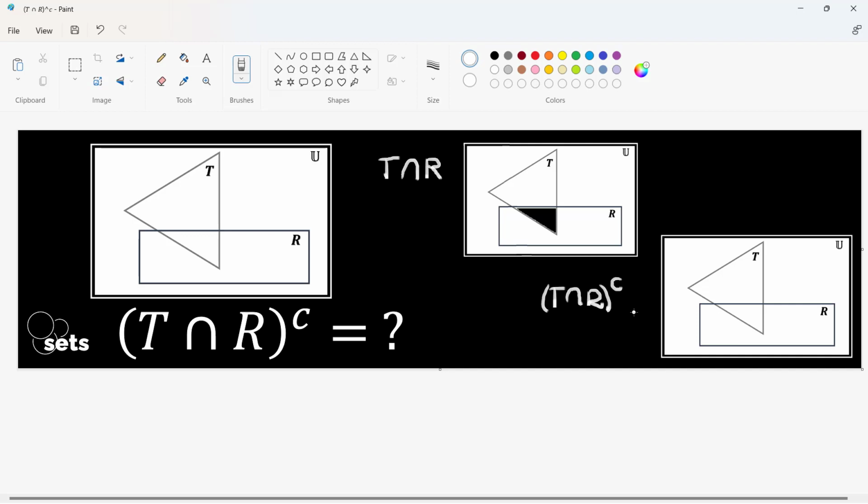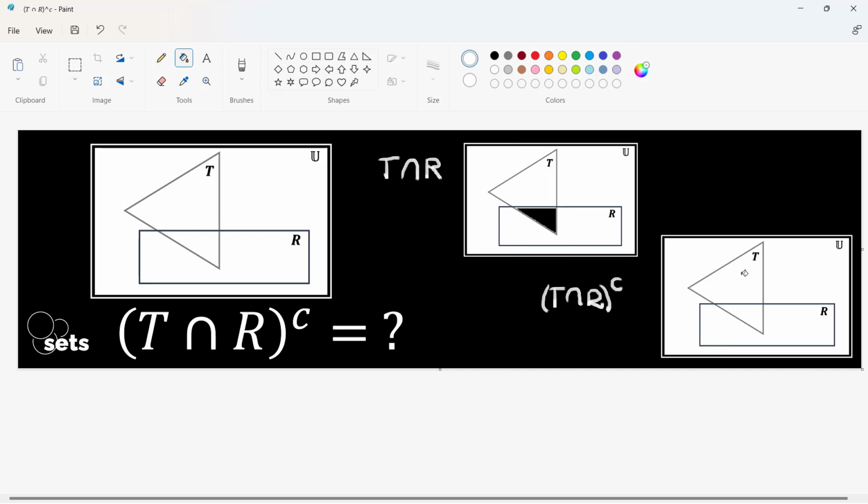When we say complement, it's everybody else or everything else except for the set or the result of this set operation. We mean here that in our first result, we shaded this region here, for this is the region that is the intersection of sets T and R. What we need to do for the complement is to shade everything else except for this.